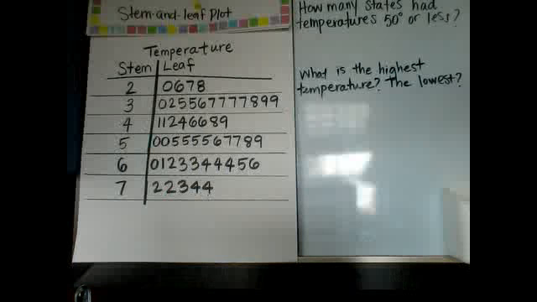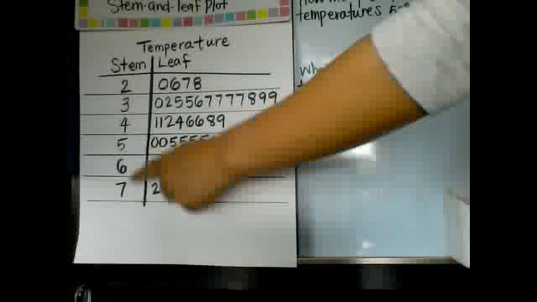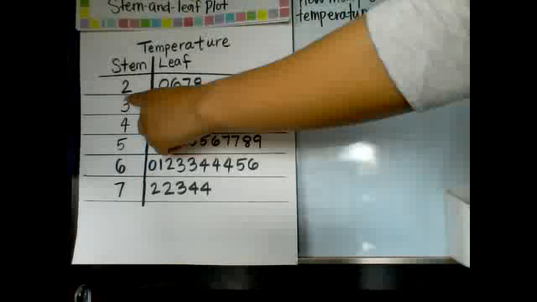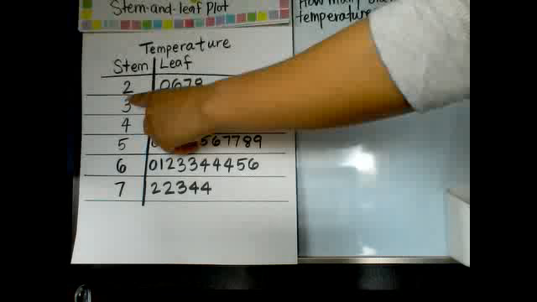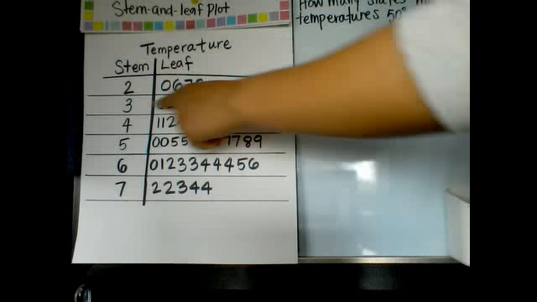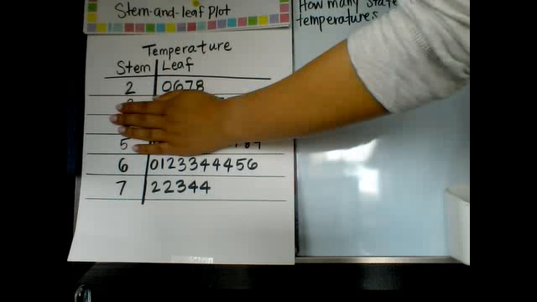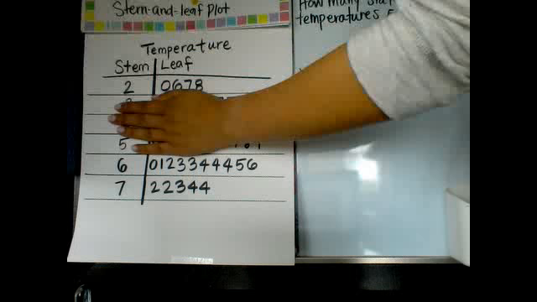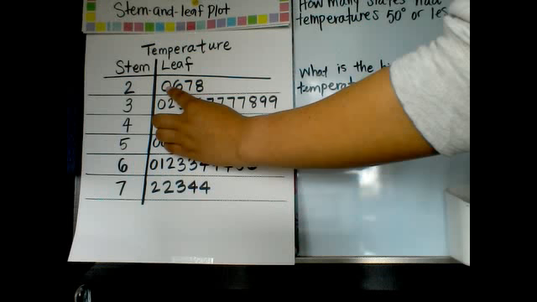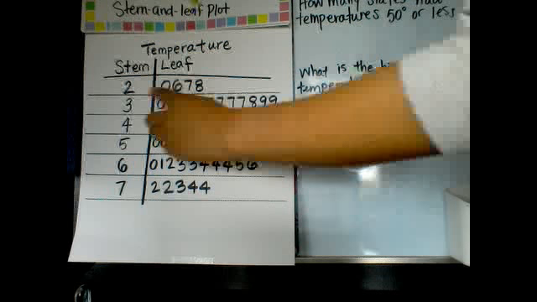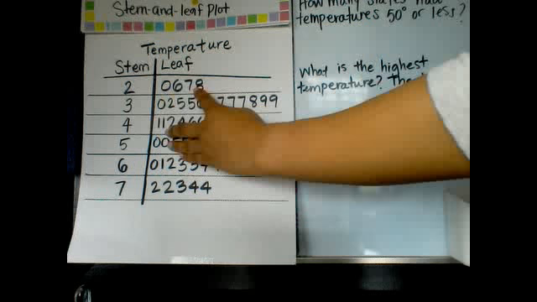First, what is the stem? What do these numbers stand for? The 2 stands for the tens column. The leaf are all the ones column. So here in this part, 2, 0, 6, 7, 8, it's actually 20, 26, 27, 28.